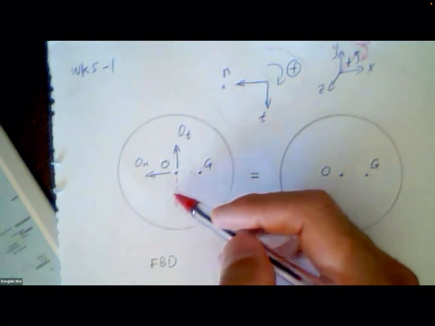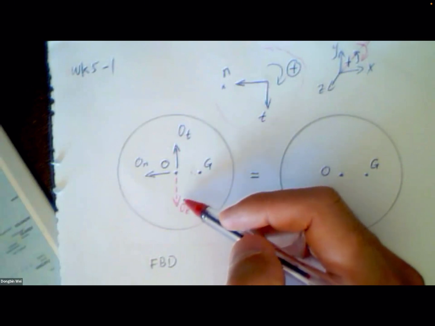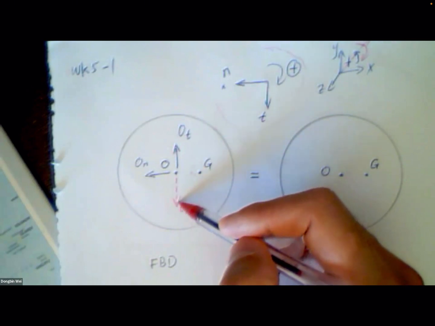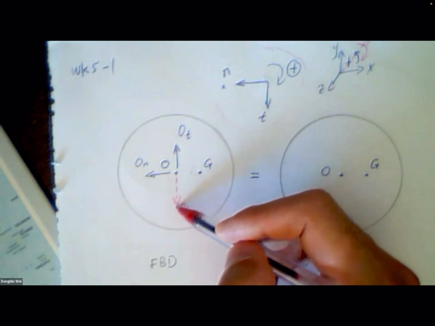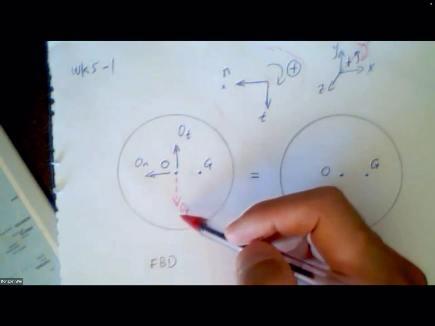To remind myself of this OT direction, the positive direction assumed, I use the dashed line. I use the red color to remind me this is just an assumed positive direction.